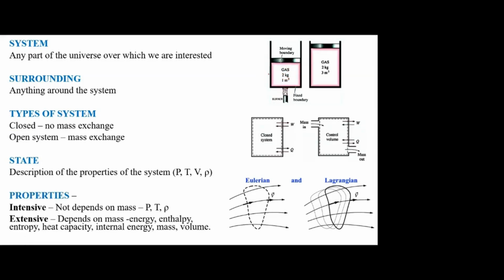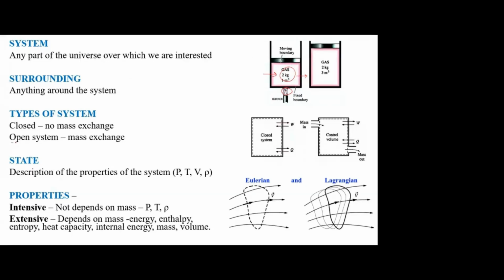Here there is no mass in or mass out, no air or gas flow in and out. This is the closed system. Only energy transfer is possible. If I heat, there will be an increase in internal energy. Only energy transfer can take place, there is no mass exchange.